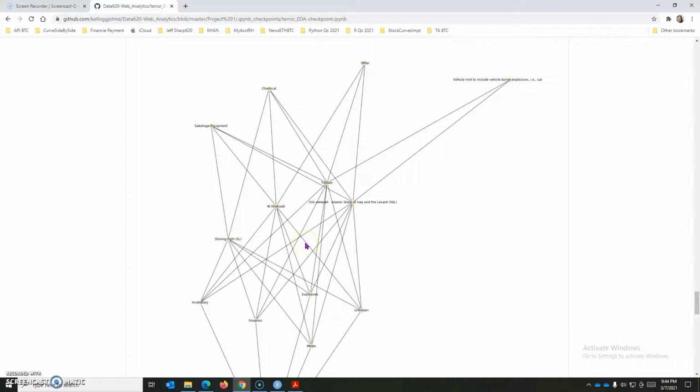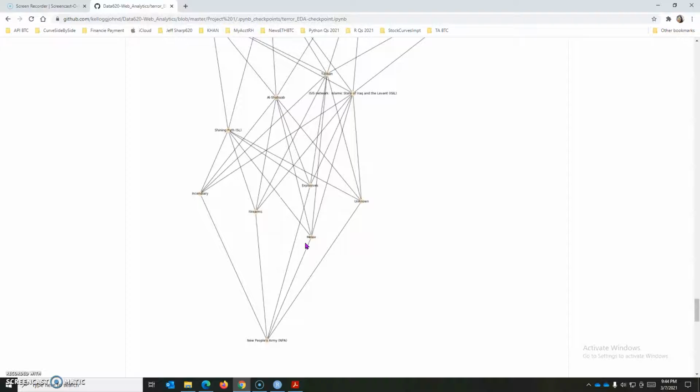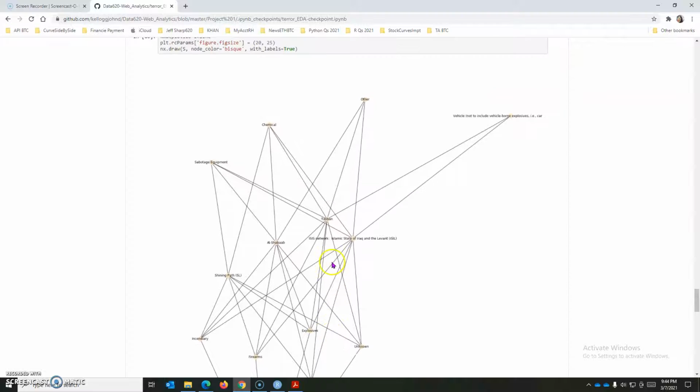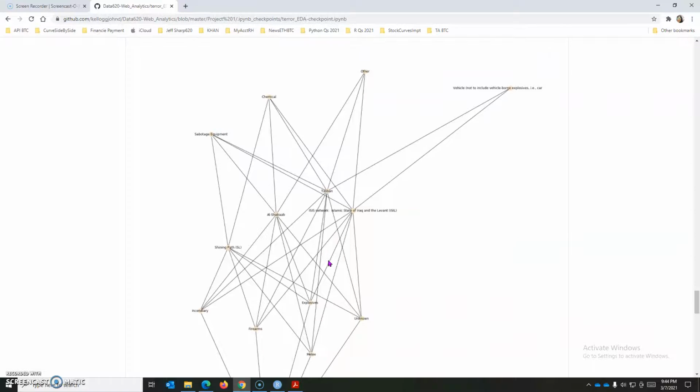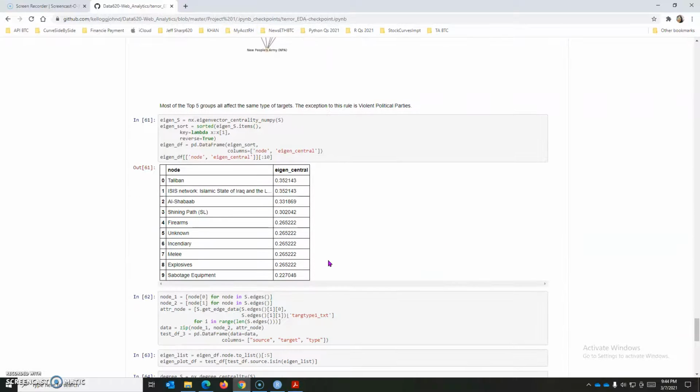It's a very interesting group to see, and it's a very interesting network visualization. And in the next few projects, we will dive into more detail for further analysis.